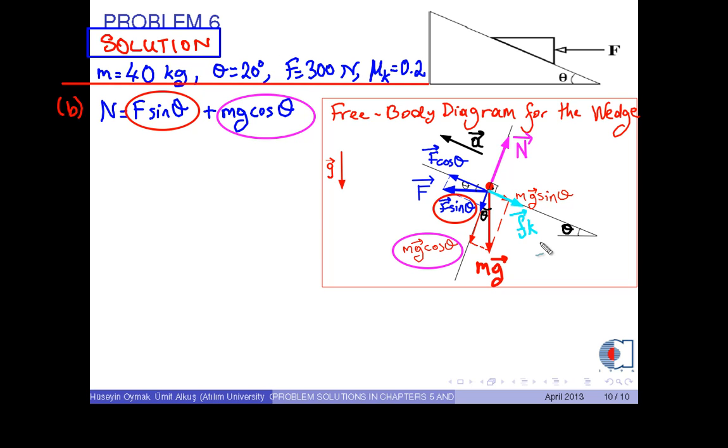Therefore, Fk equals mu k times n, which is equal to mu k times F times sine theta plus m times g times cosine theta.